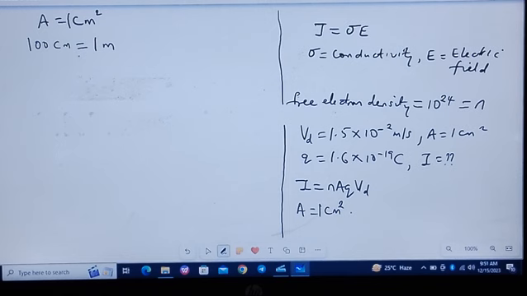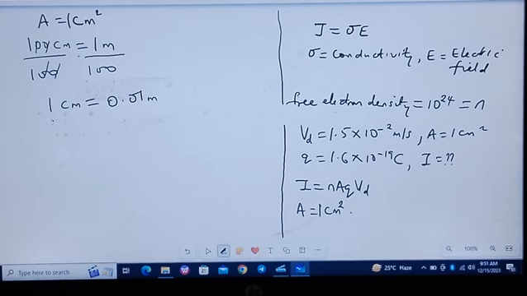So if we divide both sides by 100 to obtain 1 centimeter, we then have that 1 cm is equal to what now? 0.01 meters.